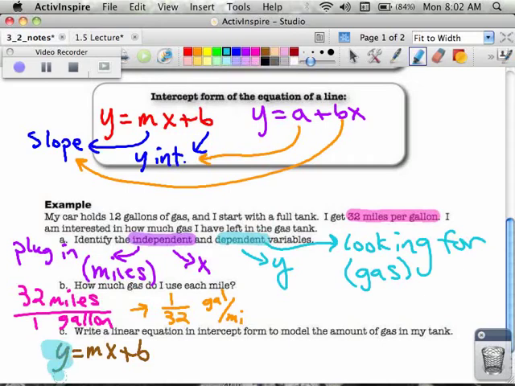So from above, this was the blue stuff. And if gasoline is what I'm looking for, that means that miles, the amount of miles that I travel, is the independent variable, or what I would plug in. So that would be the purple stuff from up above.